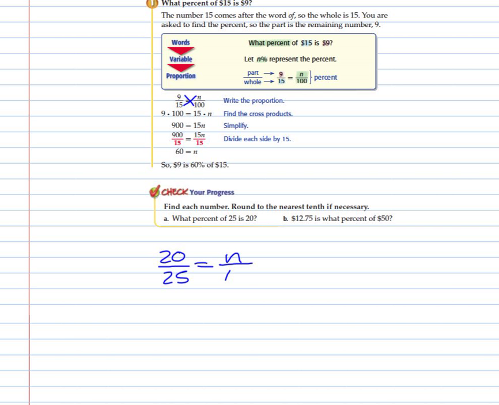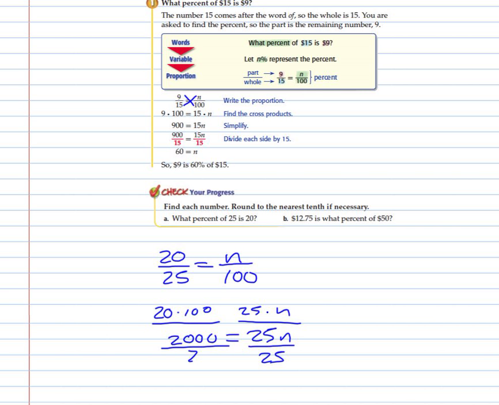So my cross products are 20 times 100, which is 2,000, and 25 times n, which is 25n. To solve the equation, I divide both sides of the equation by 25, and I find that n equals 80%. So 20 is 80% of 25.